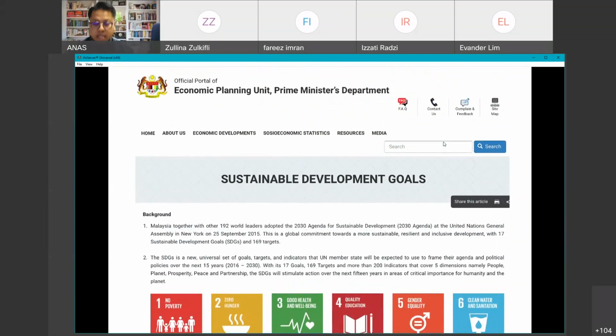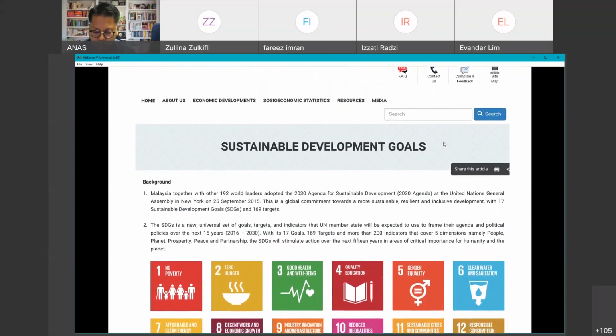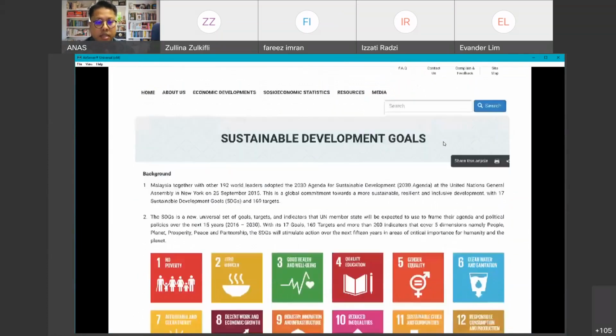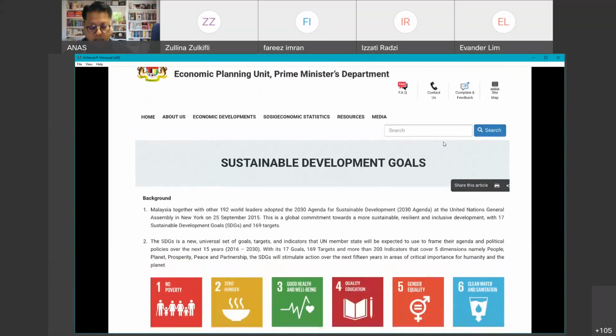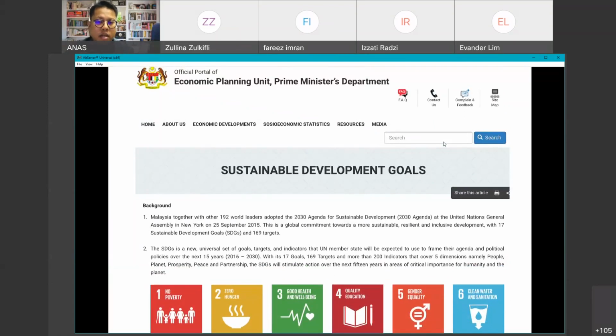So in Malaysia, the SDG is being handled under the EPU, the Economic Planning Unit. Currently the minister responsible for this is Datuk Seri Mustapa Mohamed. It's good that we have this EPU, which is a very high-profile unit under the Prime Minister's office that oversees the achievement of the targets set for this SDG.